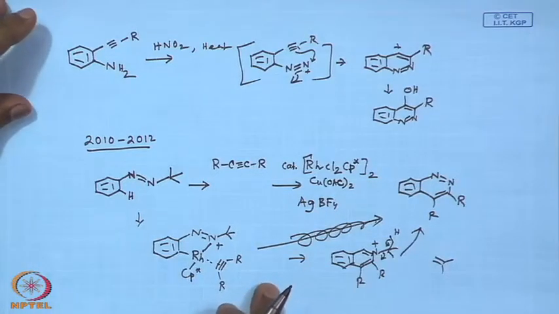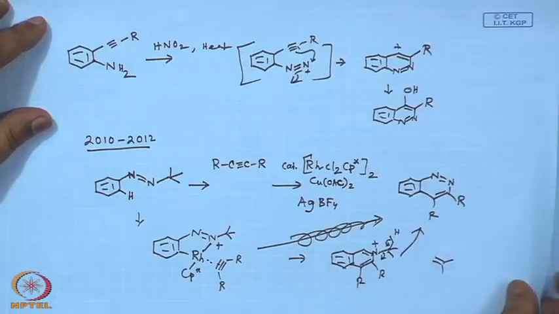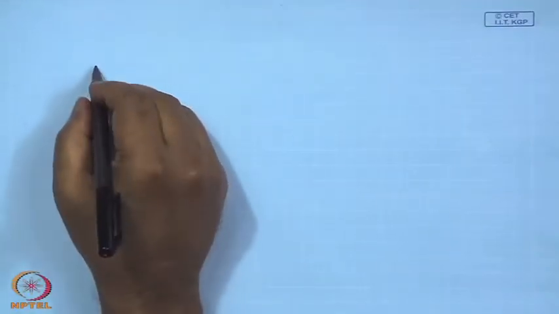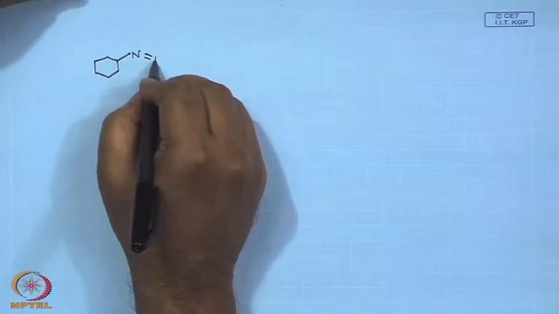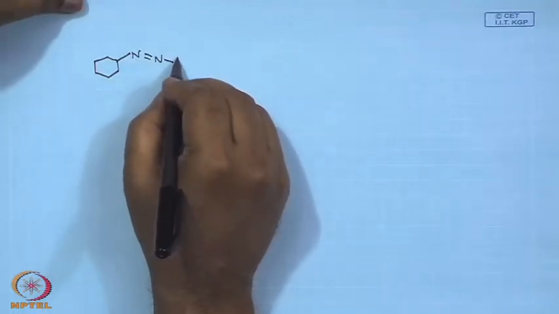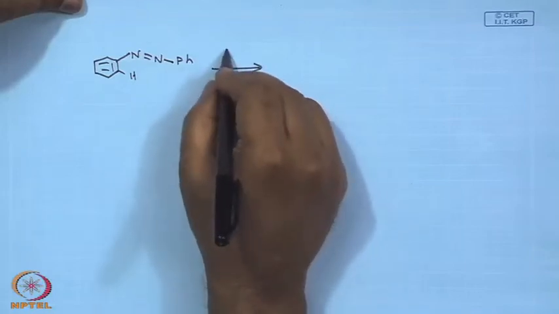Now, how do you know this is the mechanism operating? Very simple. To test this, what you can do is just change the substrate. Instead of the tertiary butyl group, you take phenyl, with the same reaction conditions.